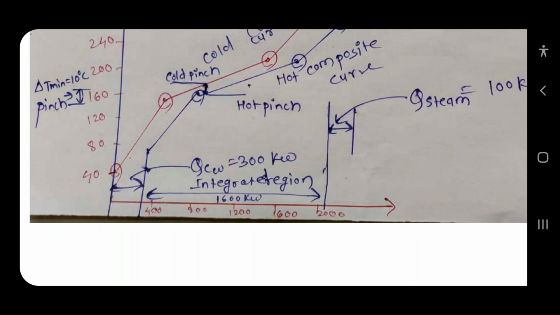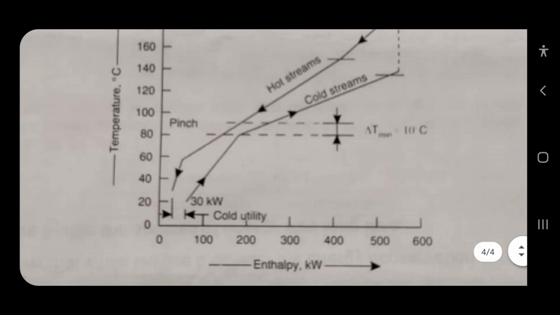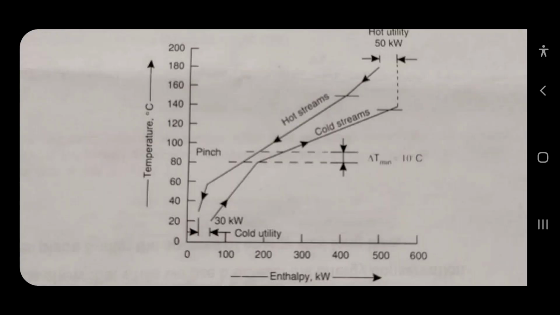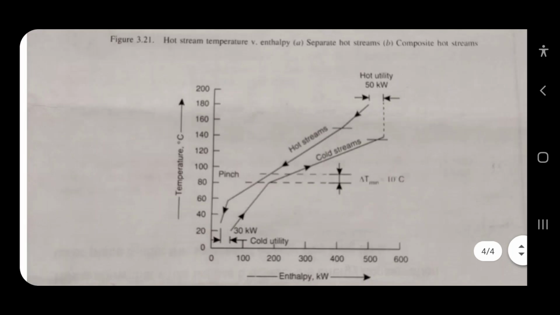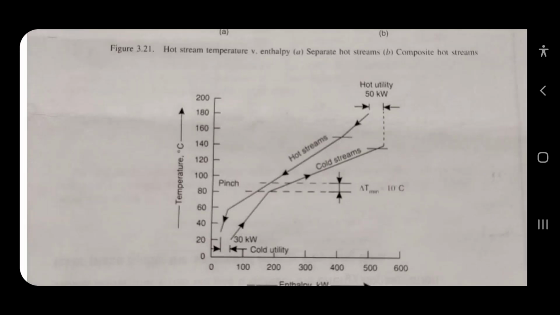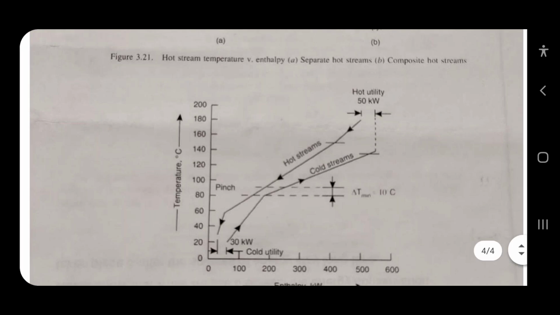So delta T minimum depends on fluid service. I will provide one more slide, so there is another example. We'll start with another example. At least some understanding is needed because the graphical technique is too hectic to solve, and there is a large scale depending on your scale, and there are too many errors in the graphical section, but you will get at least a trial and error kind of hot utility and cold utility requirement.